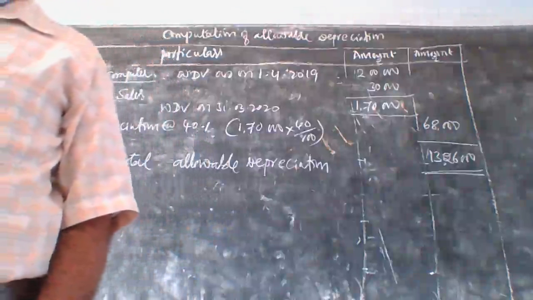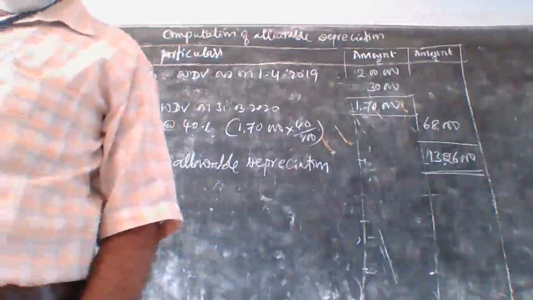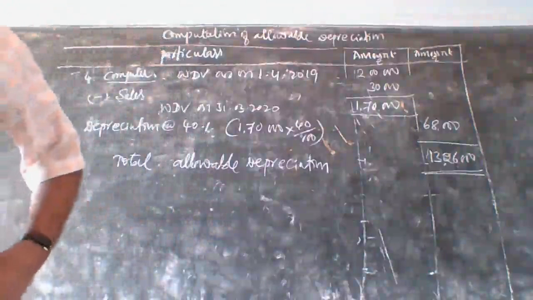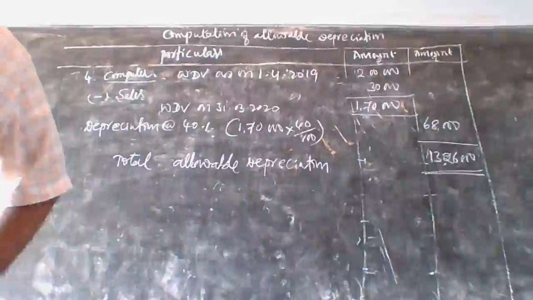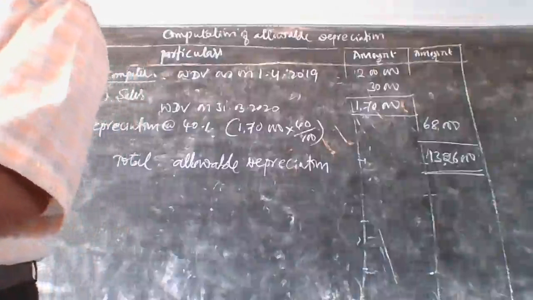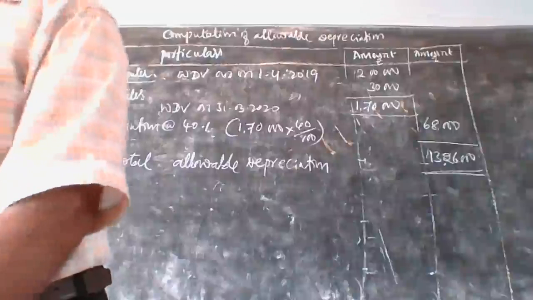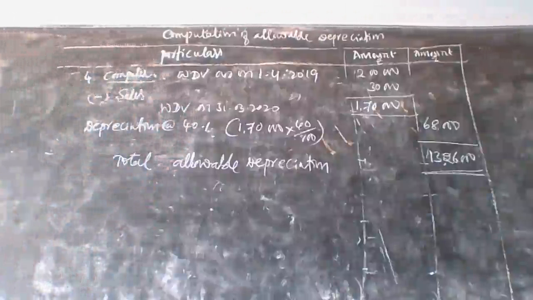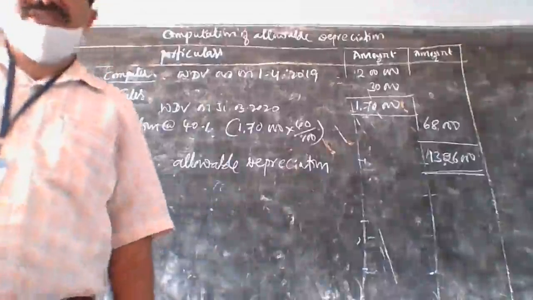Second one, since the machinery is used for less than 180 days, half of depreciation should be charged.